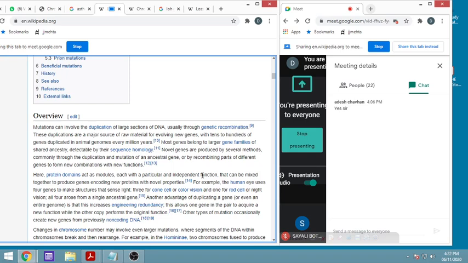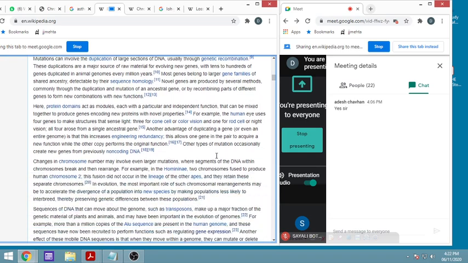It is a duplication of a large section of DNA, and this DNA is specifically put into certain microorganisms so that they can do that job. So these are deliberate mutations, and they are responsible for certain protein production.